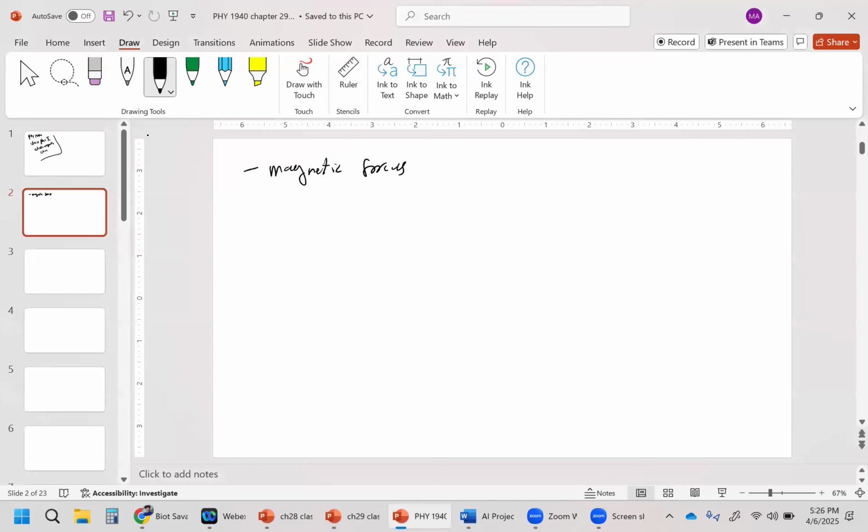Magnetic fields exert force on a moving charge.